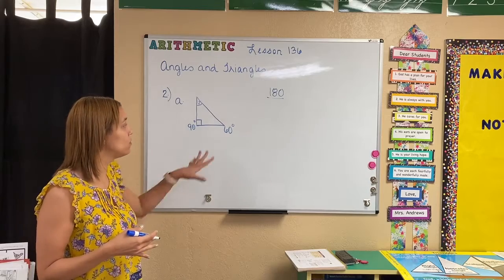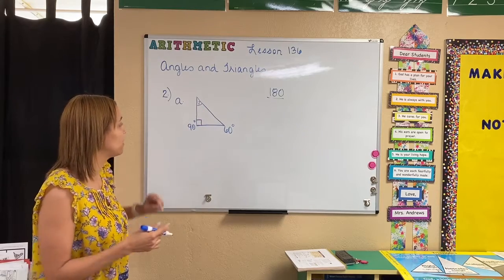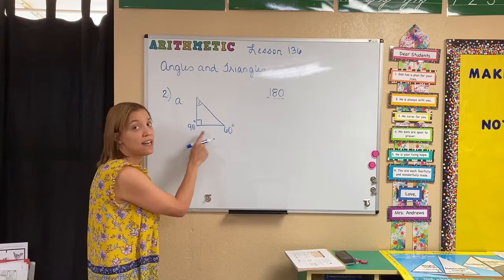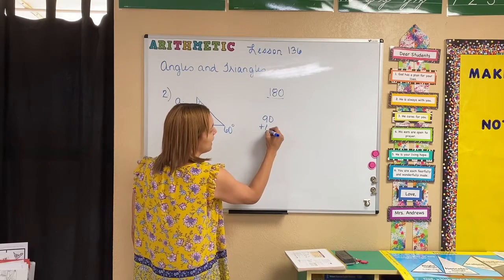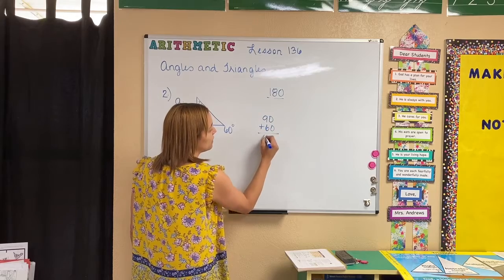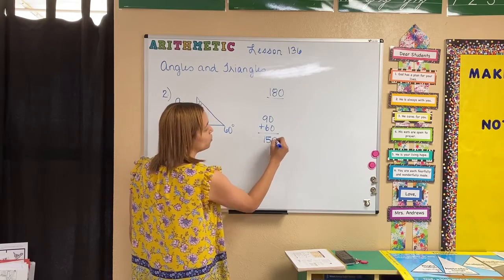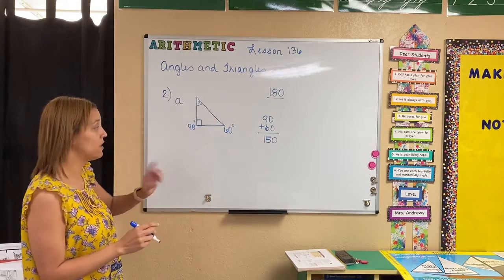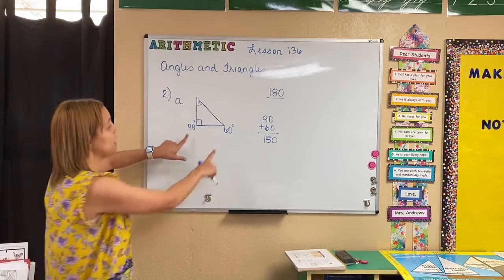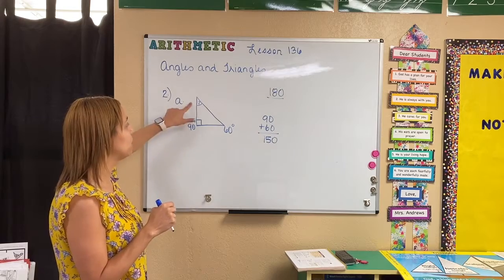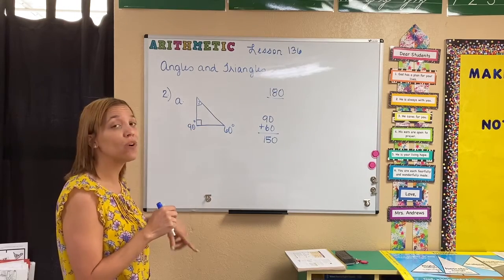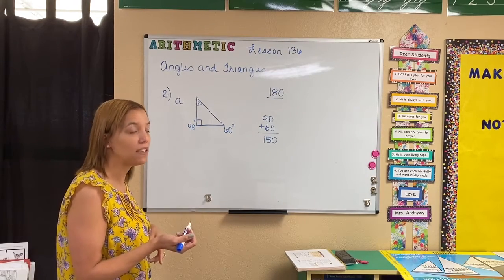To figure out the measurement, you add 90 plus 60. If we add 90 plus 60, that gives you 150. So you already have 150, but remember, the three angles need to add up to 180.